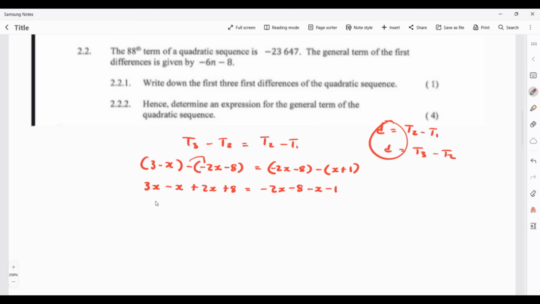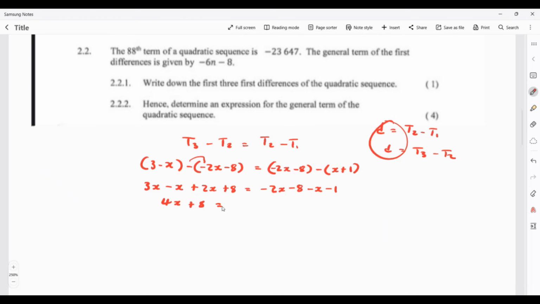And then from there, I'm just going to add and subtract them. So 3x minus x gives me 2x, and also this one is going to give me 4x. Am I still correct? 4x, yes, and then plus an 8 over there.